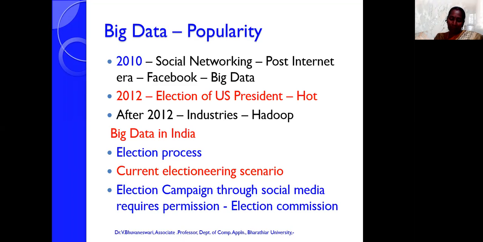When we look at the Bangalore Corporation, they have used big data analytics. So what is the issue? The issue with any corporation is managing the infrastructure facilities required for the well-being of people. What are the infrastructure facilities?